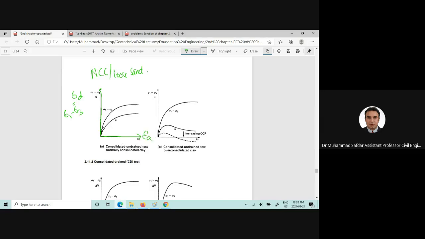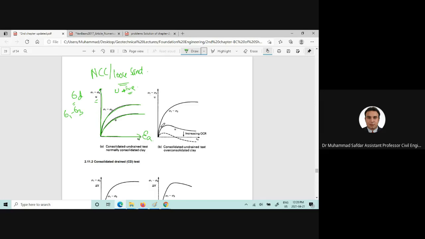So if you want to draw the stress strain behavior, this will look like this for normally consolidated clay or for the loose sand. Now if you want to draw this pore water pressure behavior, we can clearly see that for loose sand the pore water pressure is positive, because the soil particles or the sand particles try to compress. Now if you want to compress in the undrained condition, the positive pore water pressure will be generated.